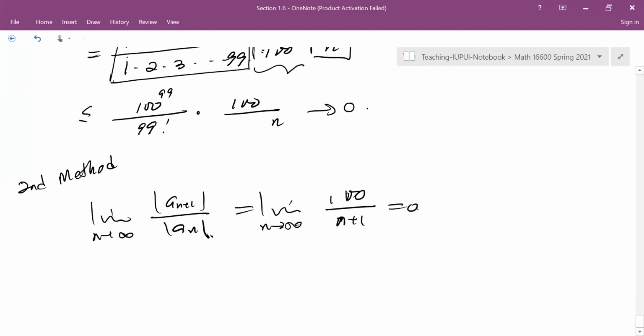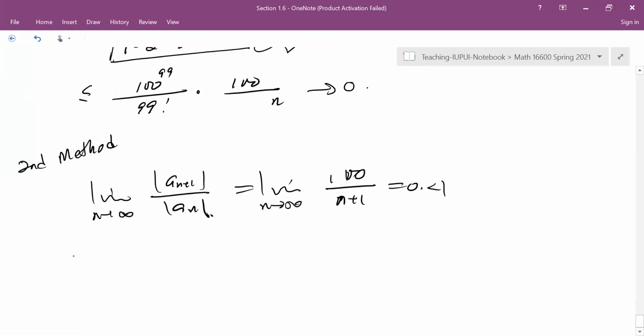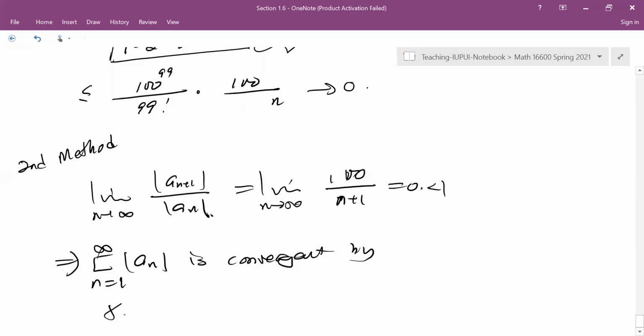So clearly the limit is 0, which is less than 1. Therefore, this series is convergent by the ratio test.